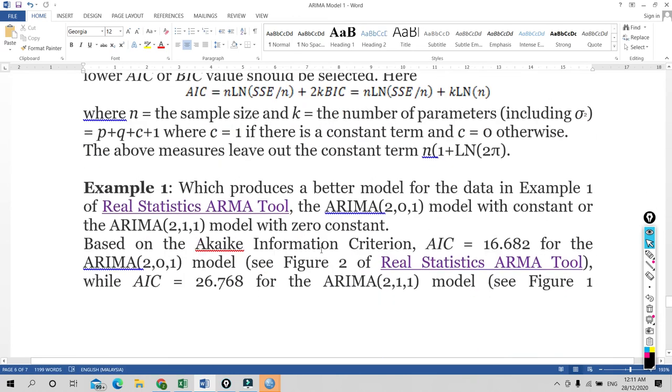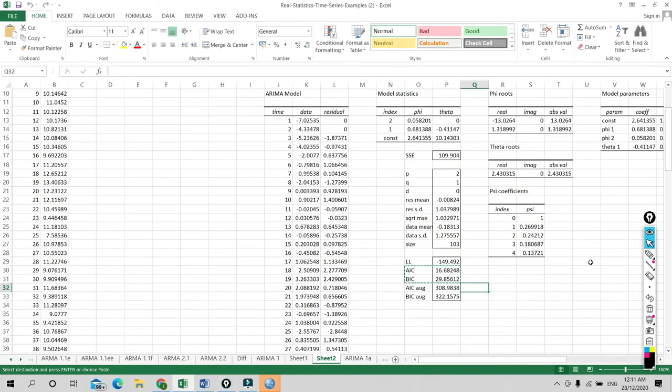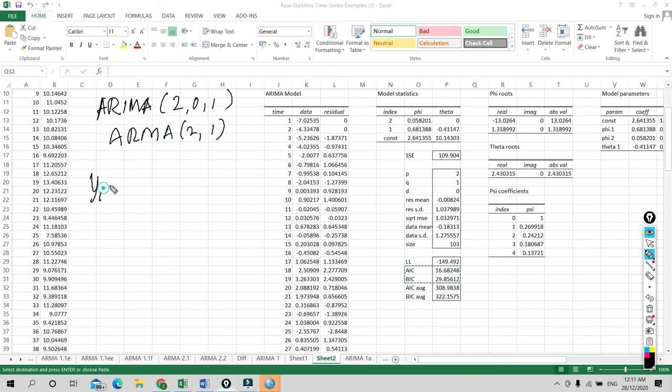So how to write the equation for ARIMA 201? You can write like this. The model for ARIMA 201, in other words ARMA 21, becomes y sub i is equal to, so your constant here theta 0, this is theta 0, this is theta 1, and this is theta 2.